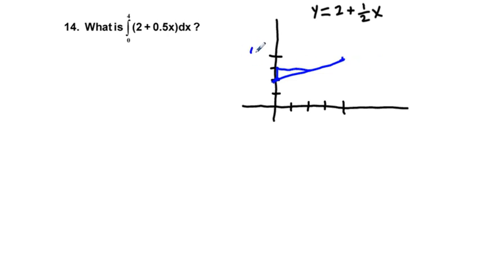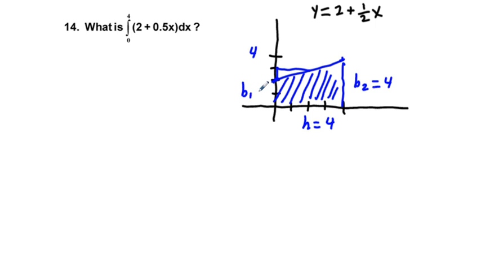The maximum height is 4, and what we have once we fill this out is a shape of a trapezoid. Well, a trapezoid has a height here equal to 4. We have a base called base 2 equals 4. Base 1 equals 2.